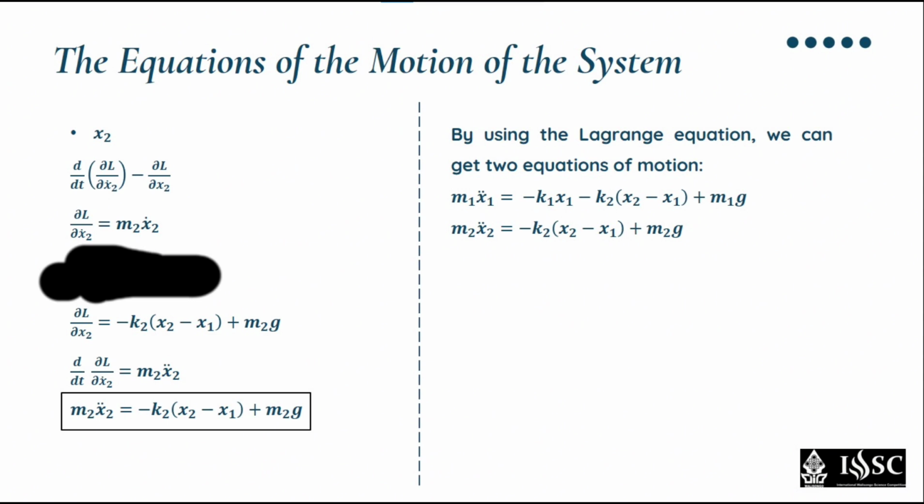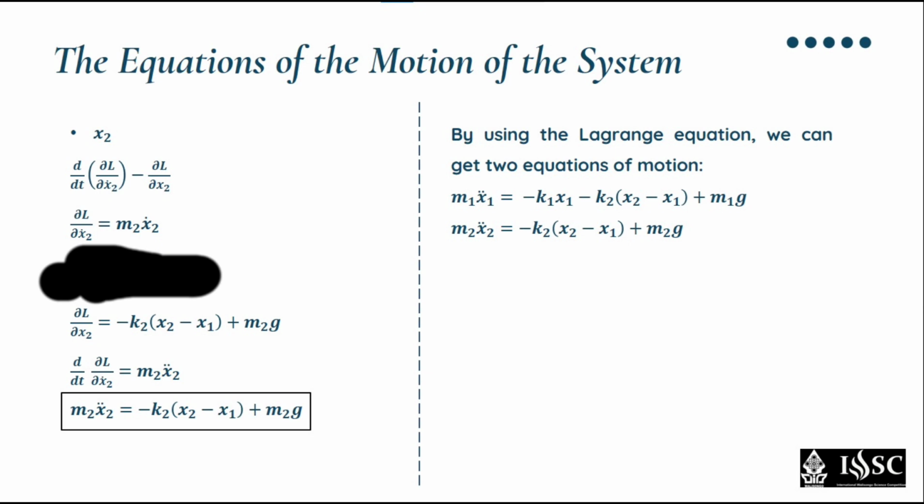Point 2, x2: d divided by dt of partial L divided by partial x dot 2 minus partial L divided by partial x2. Partial L divided by partial x dot 2 equals m2 x dot 2. Partial L divided by partial x2 equals minus k2 (x2 minus x1) plus m2 g. d divided by dt of partial L divided by partial x dot 2 equals m2 x double dot 2.